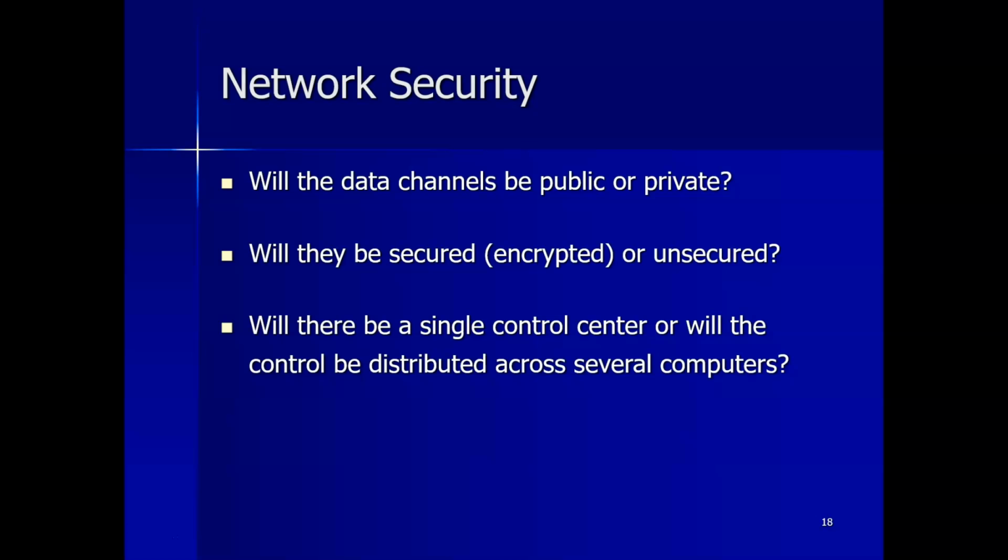Will the data channels be public or private, you may ask. Now, will they be secured or unsecured? Will there be a single control center, or will the control be distributed across several computers? So the network designers must determine a network that contains redundancies in the event one channel is out of service or compromised.